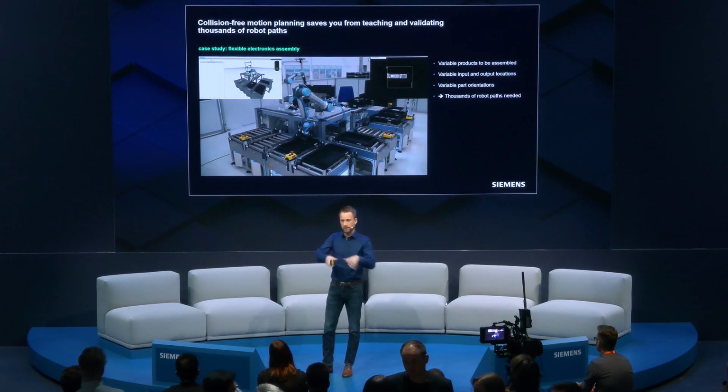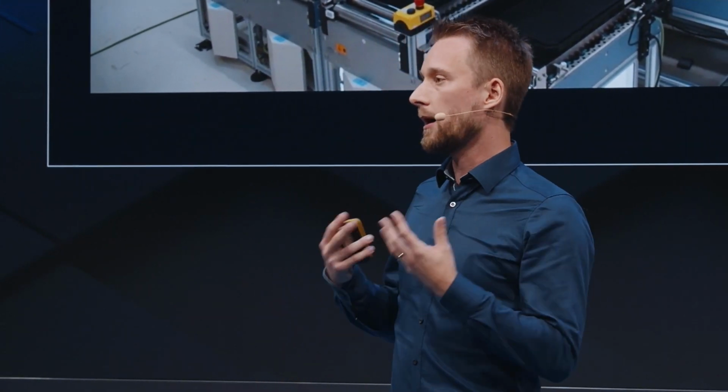Parts need to come in, parts need to move out of the robot cell, and this needs to be organized with the surrounding system. So the robots here need to deal with the fact that parts can arrive at all kinds of different in-feed locations and go away at different out-feed stations. And finally, parts need to be detected by cameras and shift in position and have different orientations.